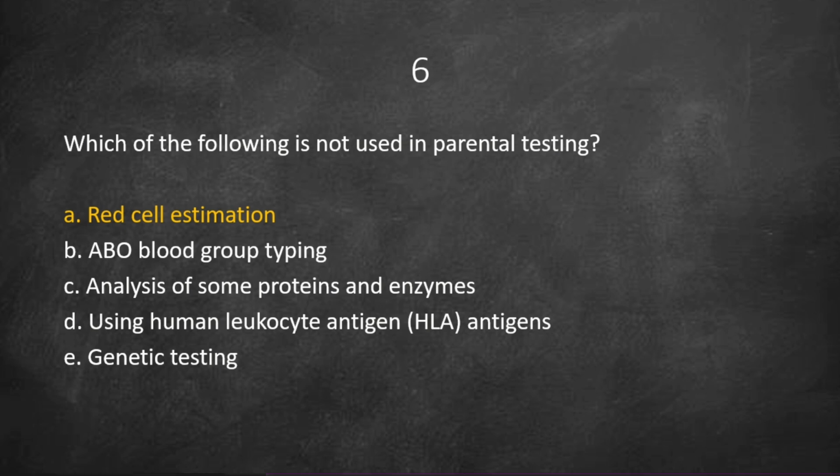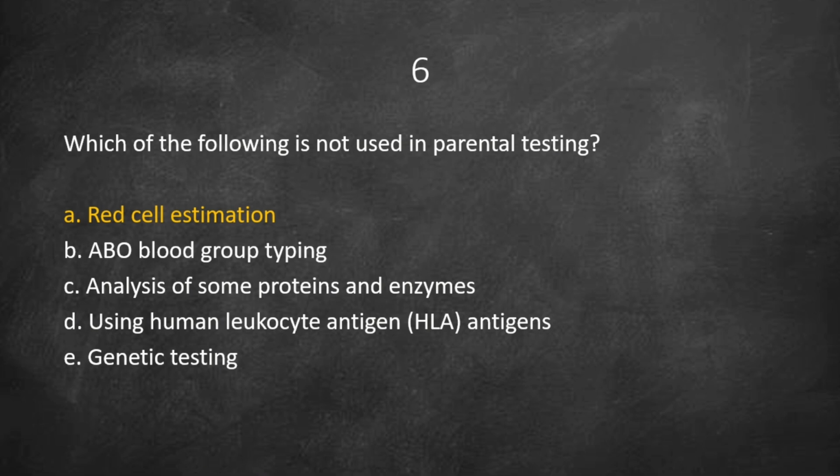Then genetics, yes, that's the king of all. That's where we do the DNA profiling. So that one can also be used to determine parentage. But if you take option A, red cell estimation, if you do an RBC, you cannot. It just tells you the count of red blood cells. That one cannot be used for parental testing. So the correct answer here is A.